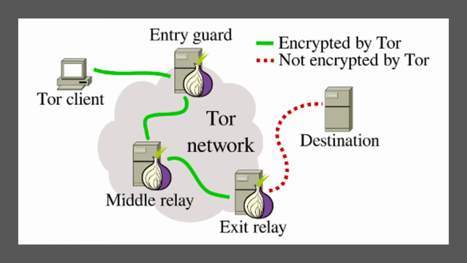Basically, on the left here, you have your Tor client, which is your browser. And to be clear, you're not using Firefox or Chrome or Edge, but you're using the Tor desktop browser. It is built similar to Firefox, and we'll show a demo here in a minute.